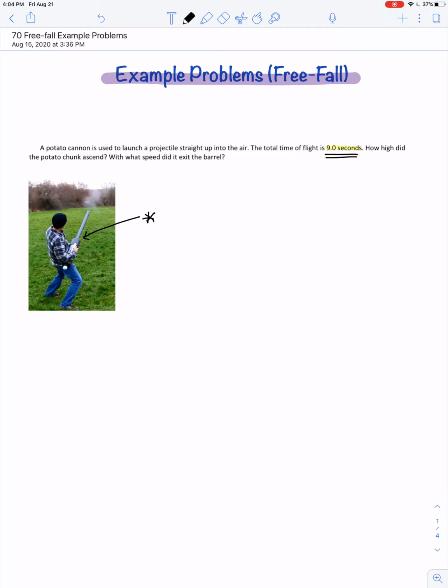Okay, so if the cannon is pointed slightly differently than shown in this image, we point the barrel of the cannon vertically straight up into the air.